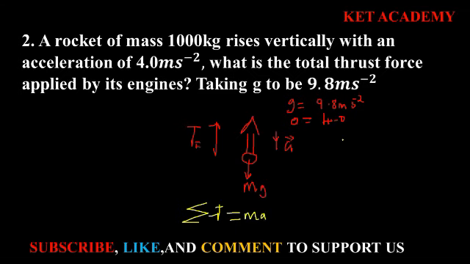So here we are going to consider a direction which we are resolving to. So if we resolve this, we are going to have T, the thrust force, minus the weight mg. The weight should give us ma. So we are looking for the thrust force, so the thrust force will simply give us m into a plus g.